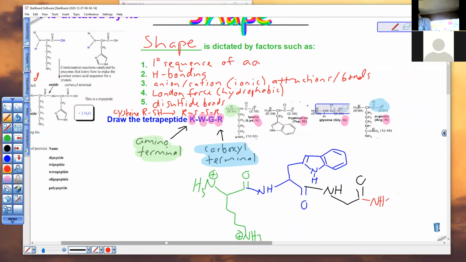Comes up to a carbon that has CH2 once, twice, 3 times, NH. Hey, this looks familiar. It's got the guanidine. Oops, NH2 plus. It's got the guanidinium residue, doesn't it? Arginine, there's where the G is. And CHNH and free carboxyl. Oh, I should have drawn it in baby blue. I can do that in baby blue.